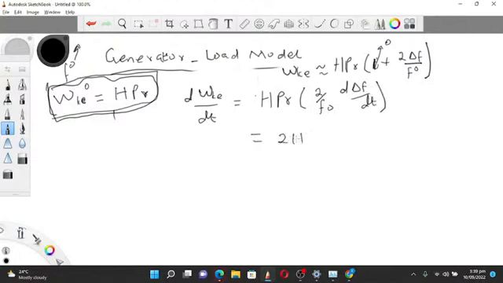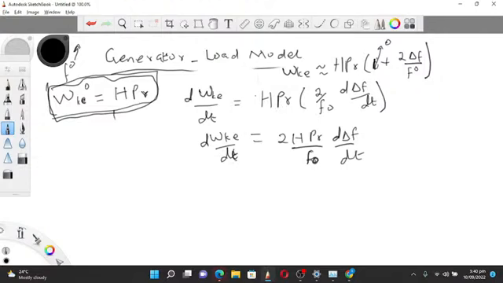This gives us 2 HPR over F naught. This is my F naught. Sometimes I write the 0 as an exponent, sometimes I write it here, it's the same thing. Times d change in F dt. This is the rate of change of kinetic energy with time. Okay, so this is what we have.